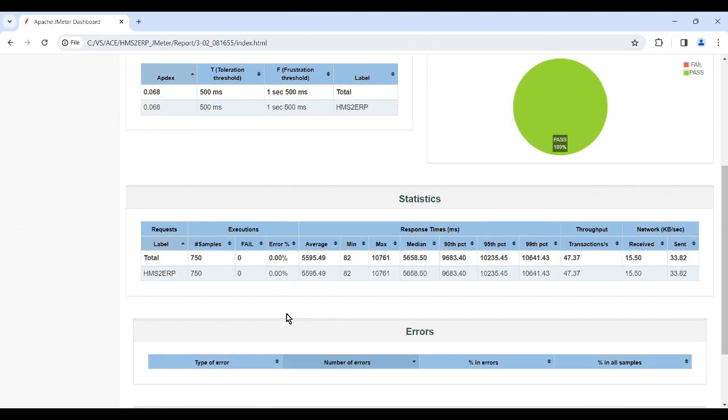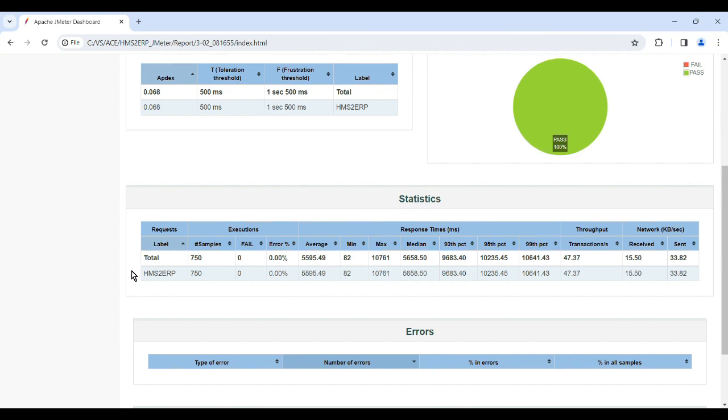So the main thing to take from this statistics is the minimum was 0.082 seconds response time, and the maximum was 10 seconds response time.